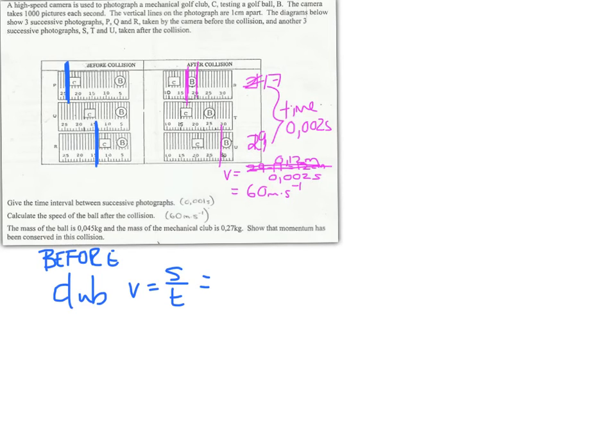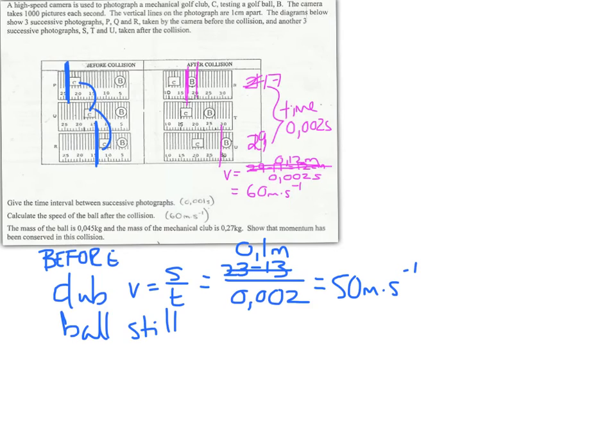So 23 minus 13 is going to be 10 centimeters, which is 0.1 meters, and that is divided by the time of 2 spaces, so it's 0.002 seconds. 1 hop, 2 hops in terms of time, and I land up with 50 meters per second. The ball is standing still.